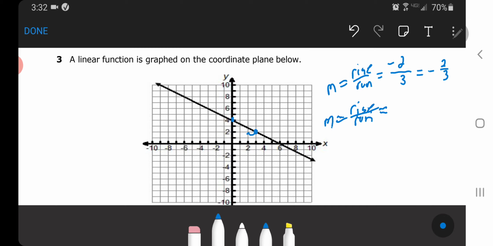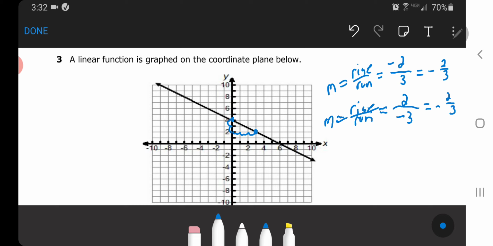Well, I'm going to go 1, 2, 3 to the left. Well, that's my run. So going 3 to the left is like saying negative. It's -3 units. And then I go up 1, 2. So my rise is 2, and I go up, so it's like a +2. Well, same thing, -2/3. So no matter what, you're going to get the same result.